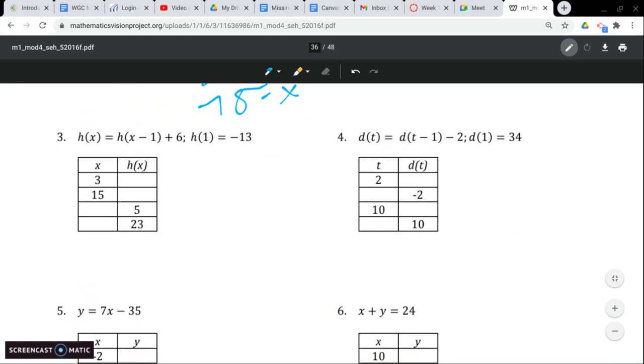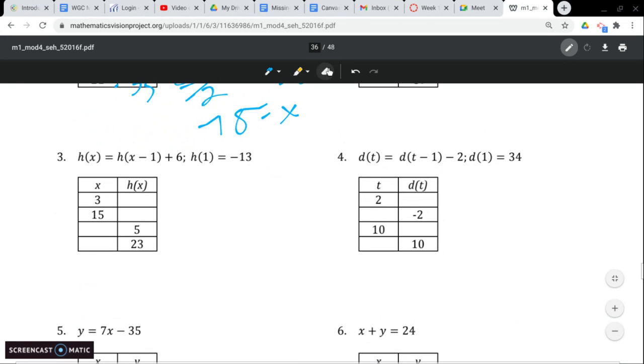All right, for number 3, notice it's not the explicit equation. It's the recursive. So this is saying now equals previous plus 6, and that the first term is negative 13. So using this, we can create the explicit equation. We have a point, negative 13, and we have the slope, which is 6.